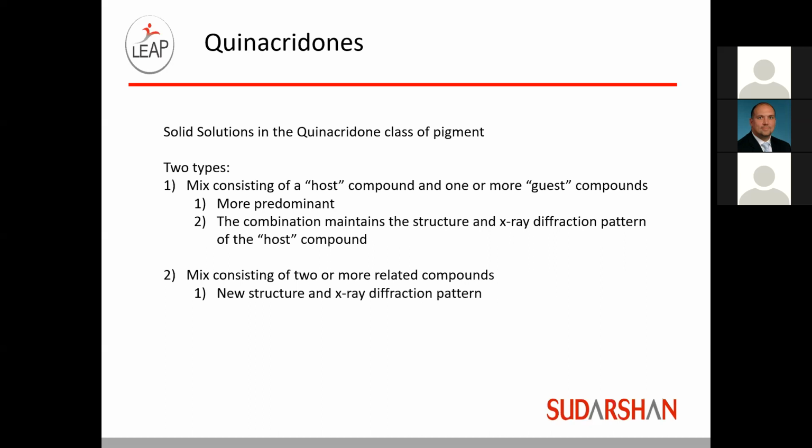The second type is where two or more related compounds are brought together in that solid solution. And here, these types will generate a new structure and will have a unique diffraction pattern as well. So from an analytical perspective, it will look different in addition to its application differences.